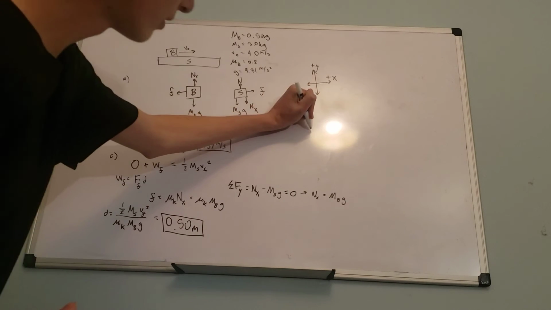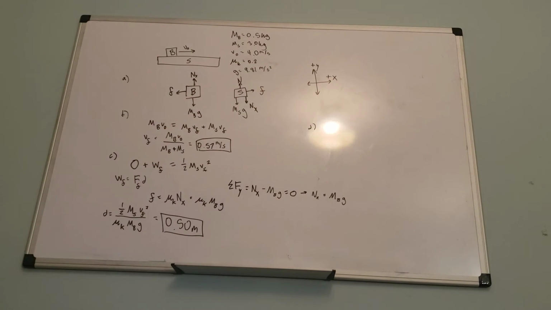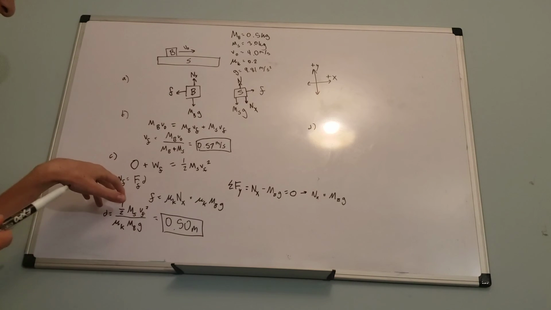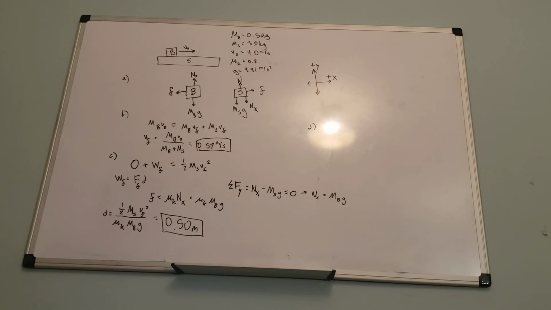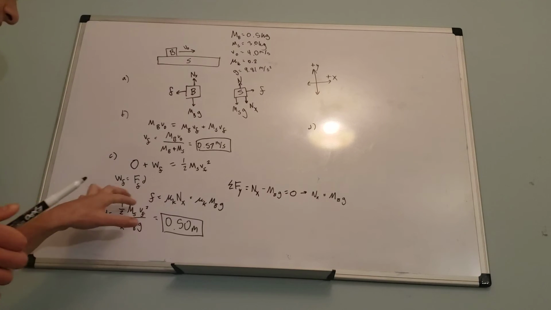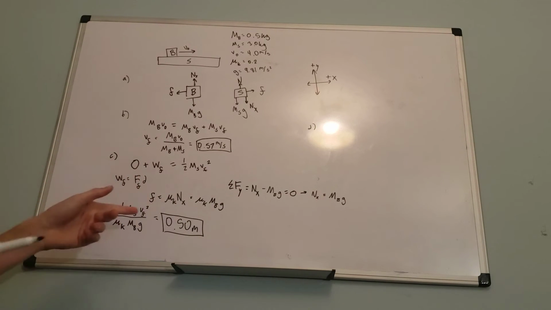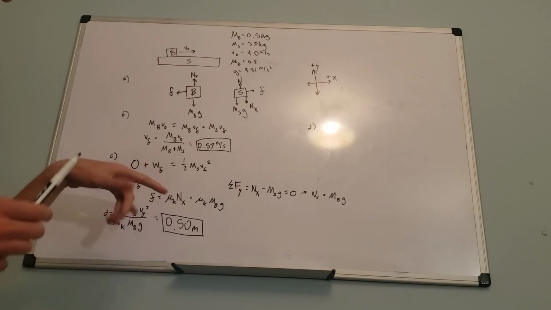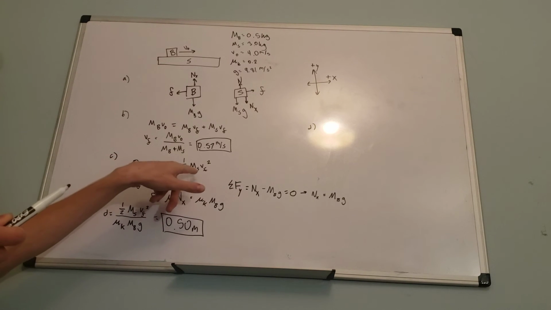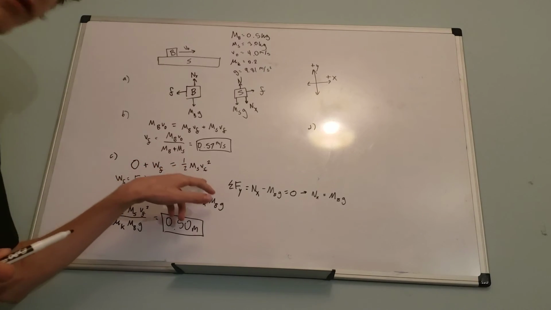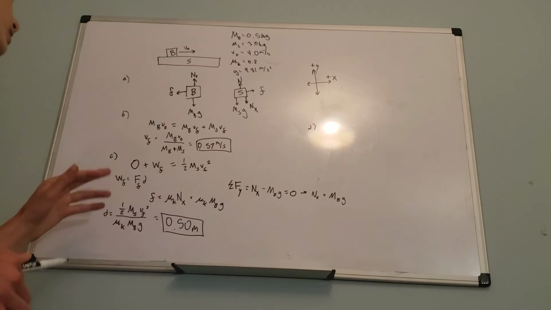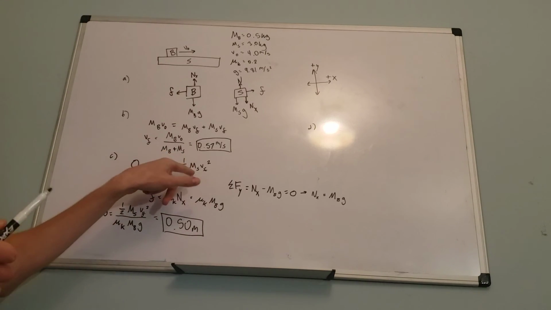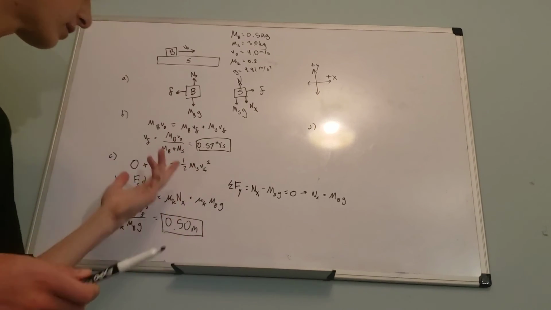So the last part asks us to find the work done by friction on here. Actually, we don't need to use any of this at this point. We already have an equation from part C that will solve this. We know that work due to friction is equal to 1/2 mass of the slab times final velocity squared. Again, we're talking about the work done by friction on the slab, so that's why it's the mass of the slab. I'll just plug that into my calculator.